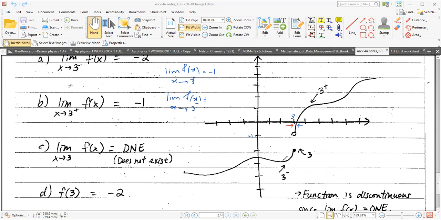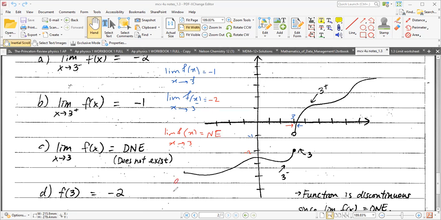The x getting close to 3, the y getting close to what value? -2, getting close to this point. Y is -2. As you see, the limit from right and left are not the same. That's why if you want to say what is the limit of your function when the x go to 3, the limit does not exist.